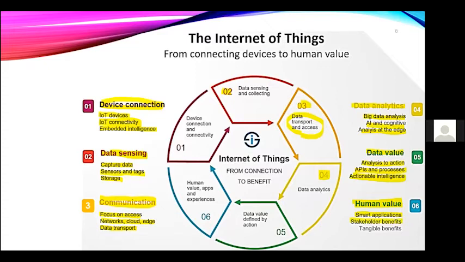Stakeholders in the human values will be all the people, mainly the service providers, as well as the people who are at the receiving end, and the tangible benefits. So it comes with the applications and the experiences. I hope the importance and connectivity is clear to everyone.